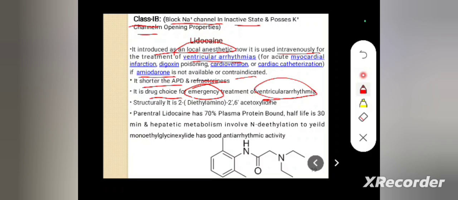When talking about the structure of lidocaine, as we know, lidocaine is an amide derivative belonging to the amino-amide class of local anesthetics.